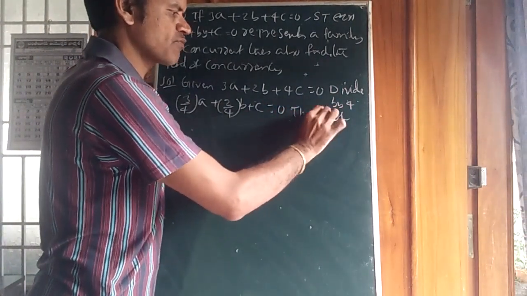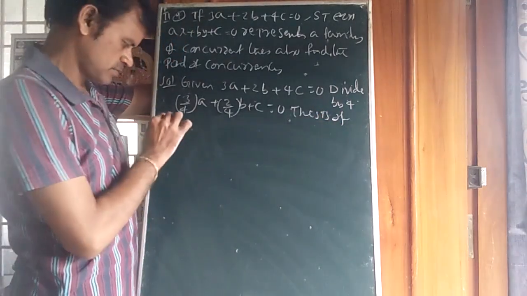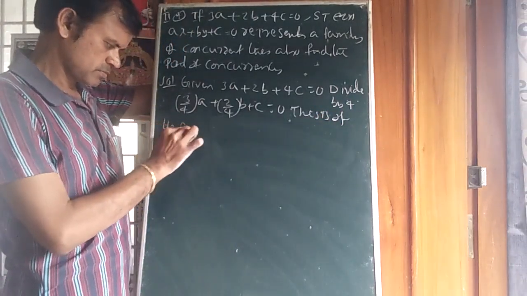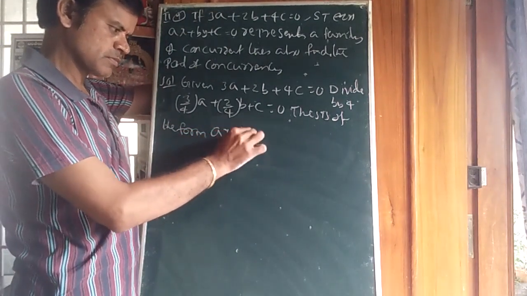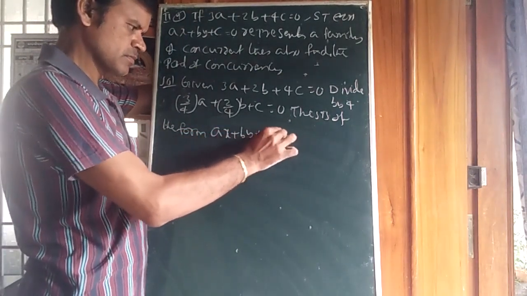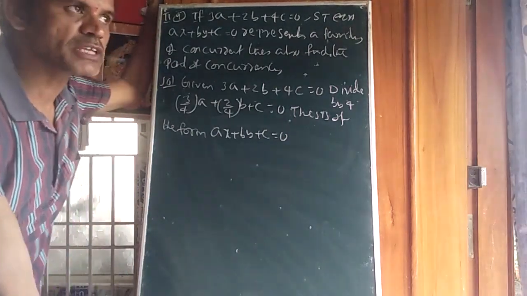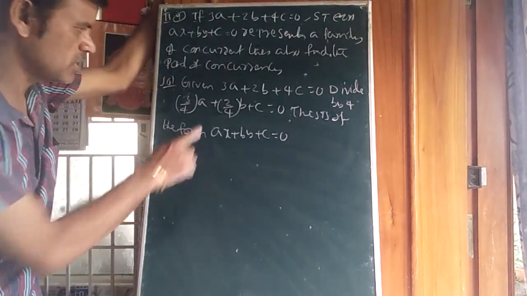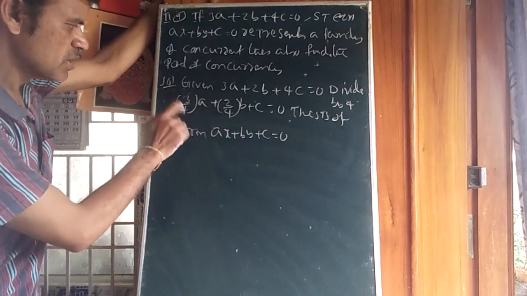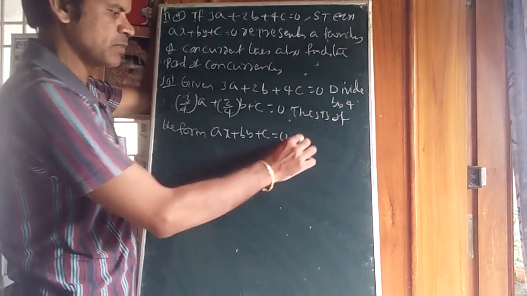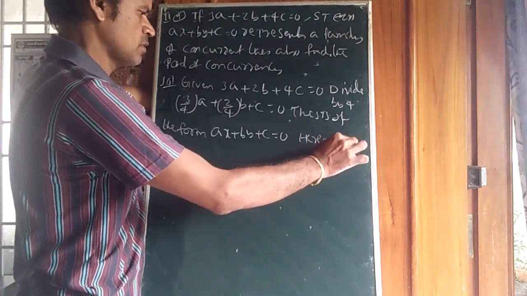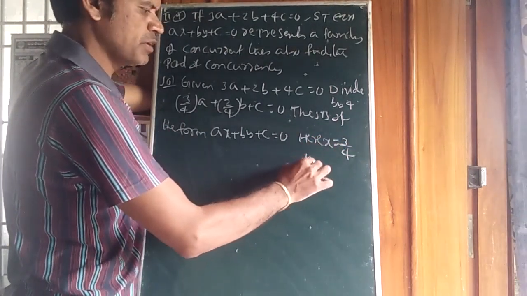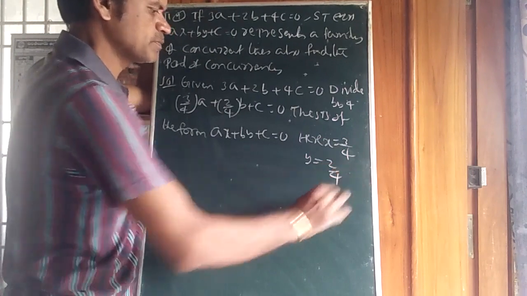So this is of the form ax + by + c = 0. Here a is constant, b is constant, and x is variable, y is variable. Here x = 3/4, y = 2/4.